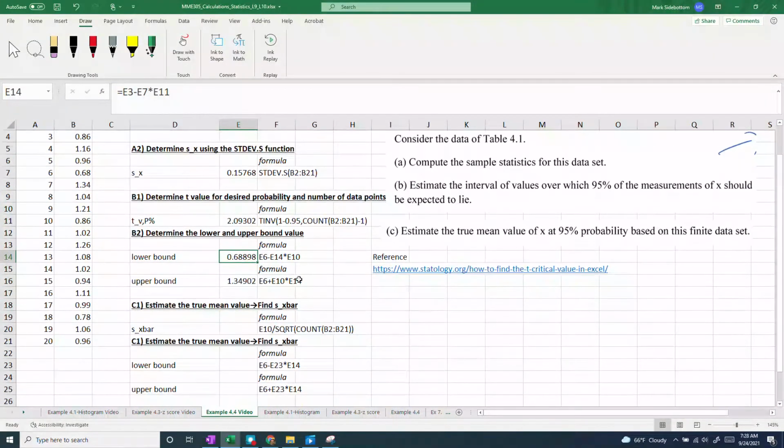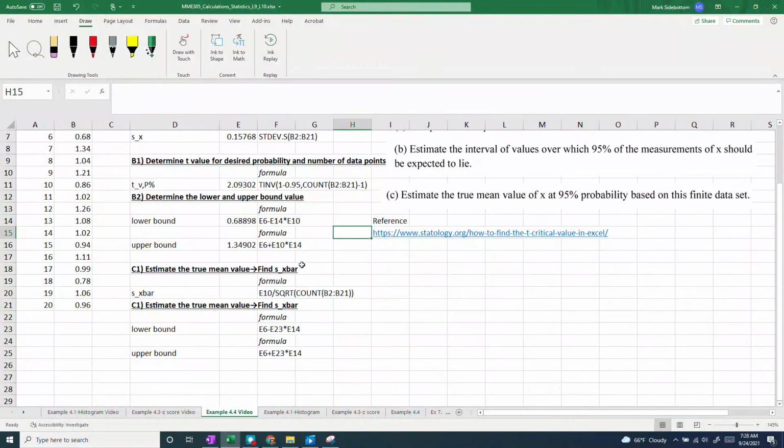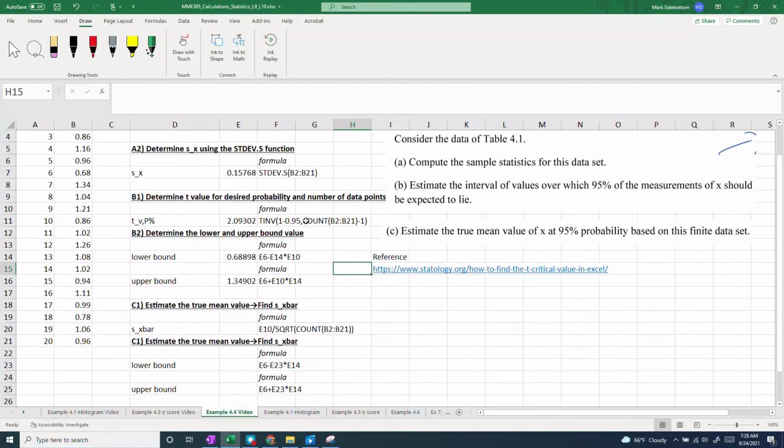The last thing it asks us to do is estimate the range of our true mean value based off of 95%. It's going to follow a very similar process to what we did in part B. The only difference is we have to find what SX bar is.